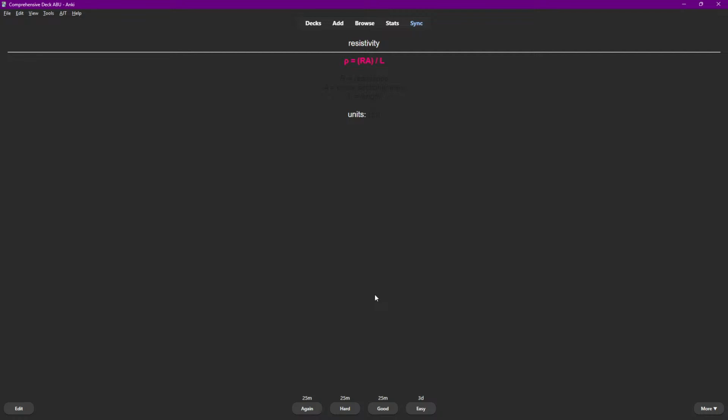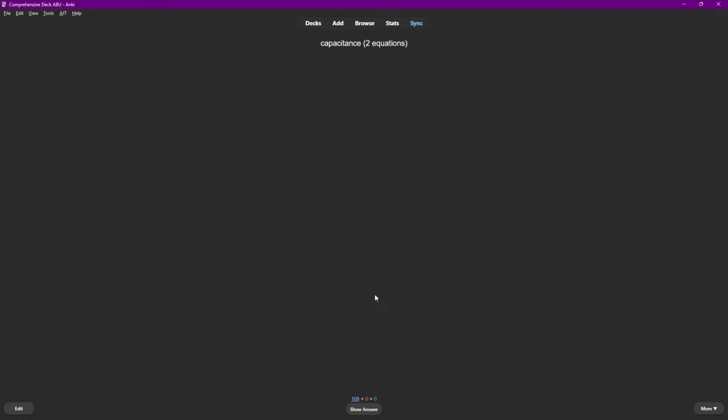It's telling us to find the resistivity. Oh, okay. I did it for find R of resistance. Okay. Capacitance, there's two equations for capacitance.